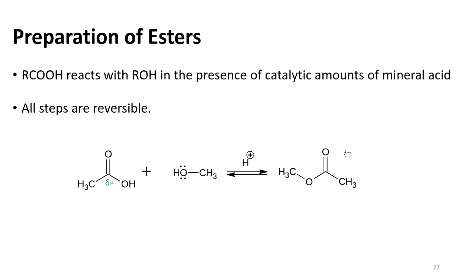Notice that this part of the molecule is conserved. This part stays. All we've done is replaced our OH with our nucleophile, essentially. So we had our alcohol come in and it replaces this OH to give us our ester. So let us revise the mechanism, which looks a little long and convoluted, but not really.